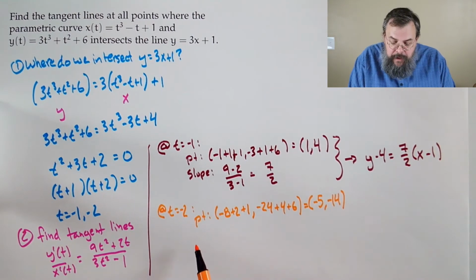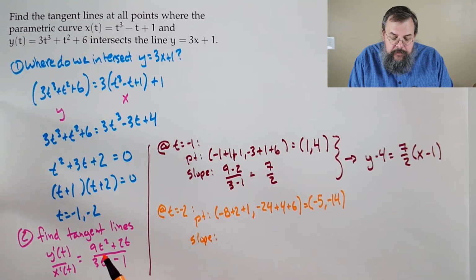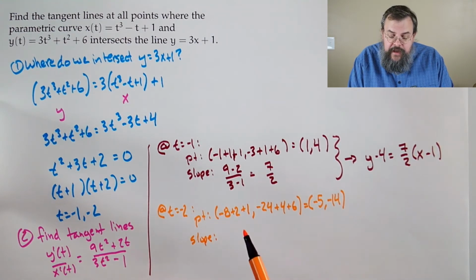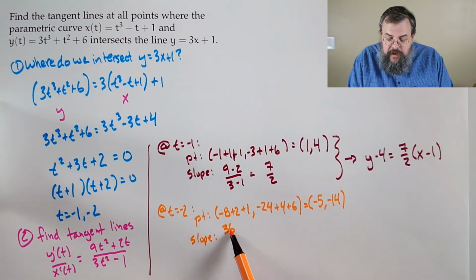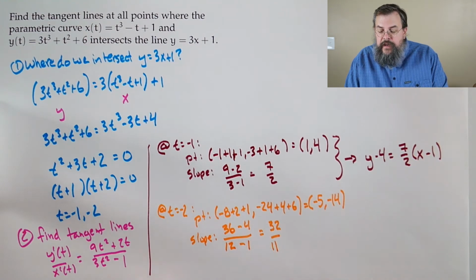No problem. How about our slope? -2 squared is 4, times 9 is 36. 2 times -2 is -4. Downstairs, 3 times -2 squared is 12, and -1. So that gets us up to 32 over 11.